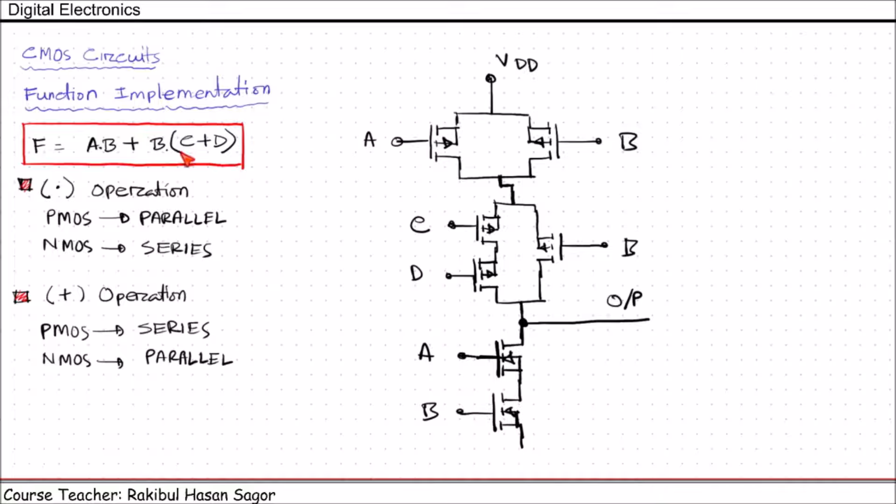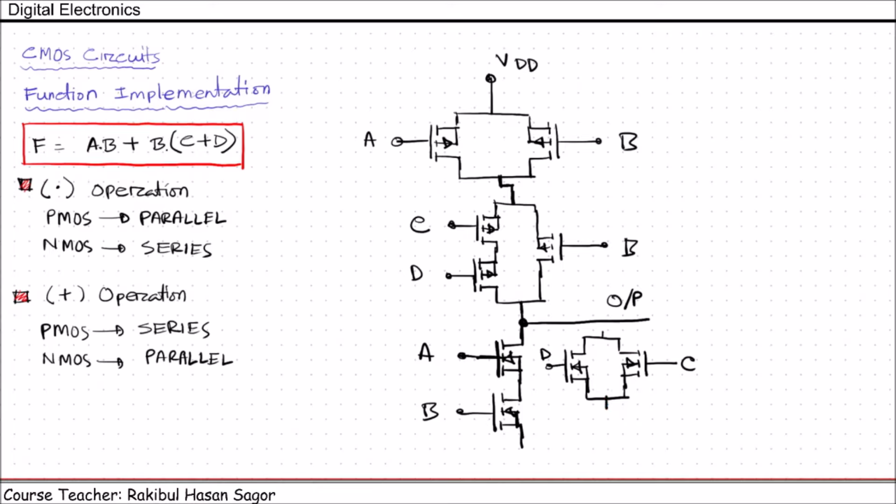Now for this portion, let us do the C or D part first. C or D, that means OR operation. For OR operation using NMOS case, we need to use parallel circuit. So let us draw here. This is NMOS. We are giving C here. Another one may be drawn here. We can say this is D. As they are having OR operation for NMOS case, they will be connected in parallel.